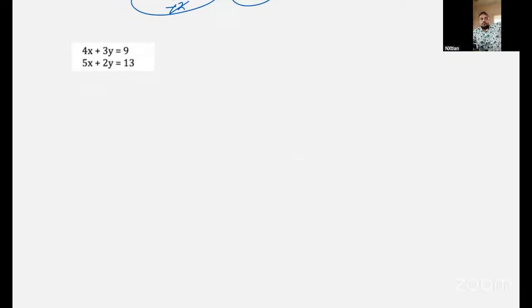So there's no common factor between 3 and 2. What will you do now? If there is no common factor, then what will you do?